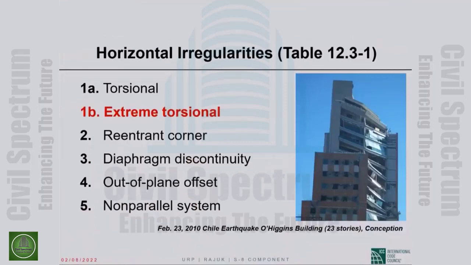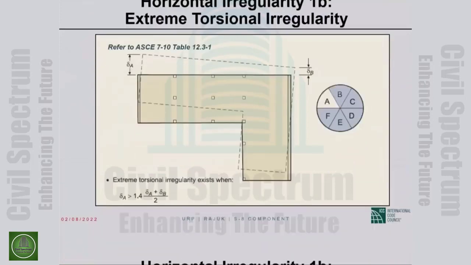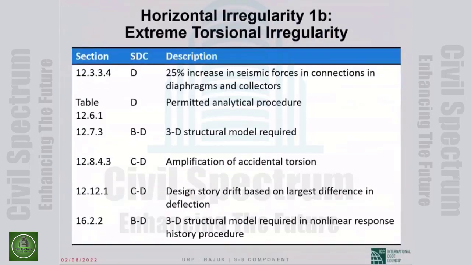Okay, so that was the entire table. Let me, so this is the same table. I'll go back. I'm not skipping. So we looked at the 25% increase, the permitted analytical procedure, 3D structural model required. There is nothing to elaborate on that. If you have torsion, you need a 3D model. 2D simply doesn't do it.